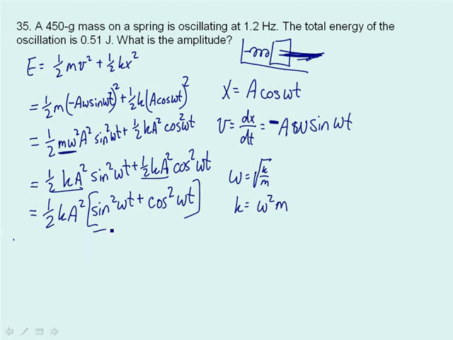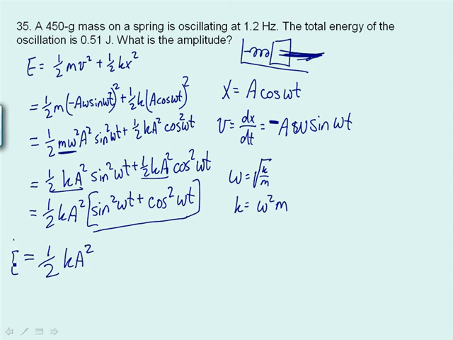Alright, this is a common trig identity. Sine squared plus cosine squared is equal to 1, so this simplifies to 1/2 k a squared. So our total energy is 1/2 k a squared.